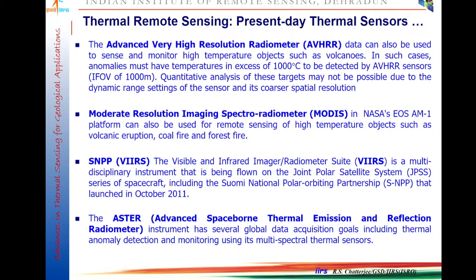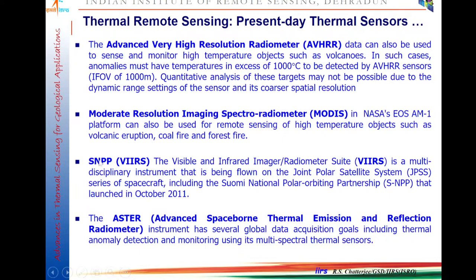Essentially these two satellites acquire data over land around 10:30 during daytime, and again 10:30 at night by Terra MODIS, and Aqua MODIS around 1:30, and again 1:30 at night. So you have four times you can have data over the same area. So daily temperature you can have, not only that, you can have temperature during daytime and during night time.